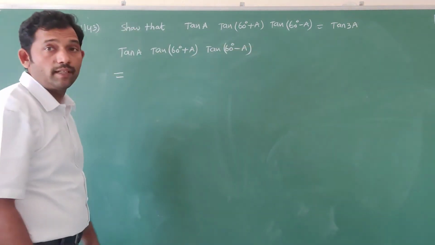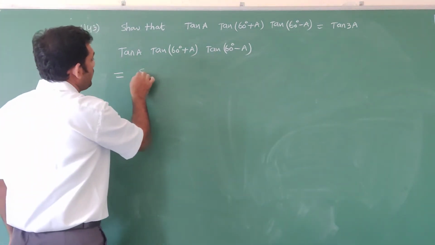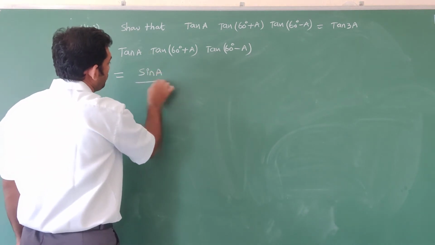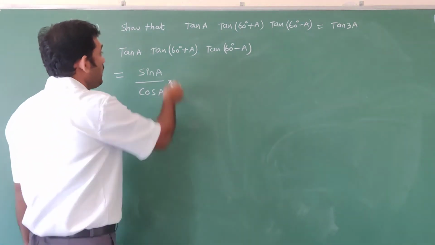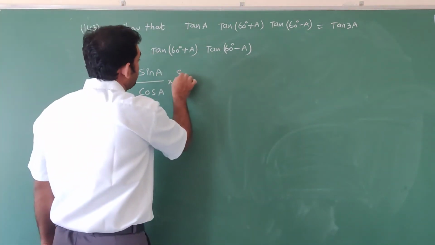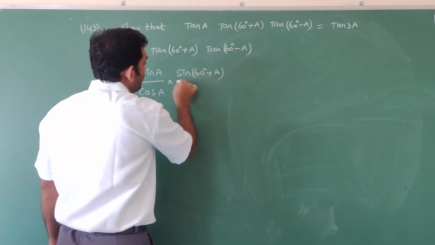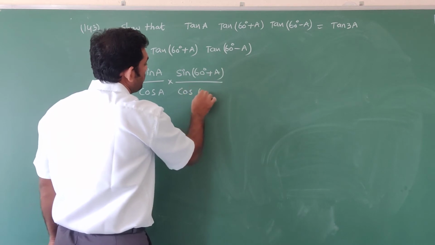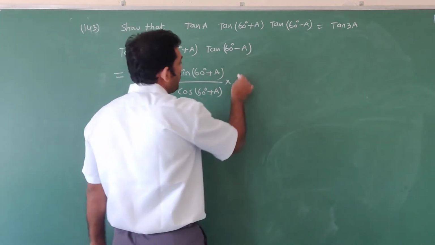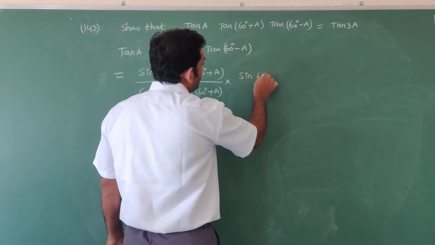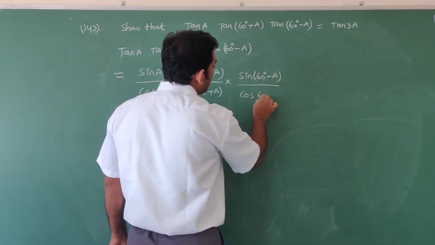Tan A means sin A by cos A, into tan(60 plus A), which can be written as sin(60 degrees plus A) divided by cos(60 degrees plus A), into tan(60 degrees minus A), which means sin(60 degrees minus A) divided by cos(60 degrees minus A).